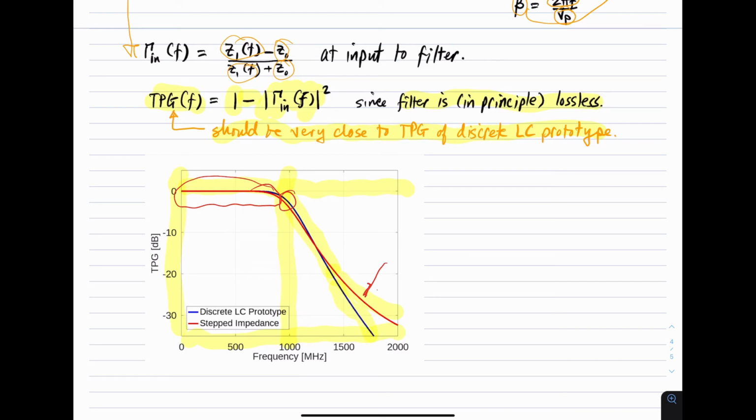Again, we expect this because of the approximations we had to make to use this design procedure. But overall, this is a win, right? What we've managed to do is come up with a stepped impedance filter, a single continuous section of transmission line, which is able to closely emulate the behavior of the discrete LC prototype filter.